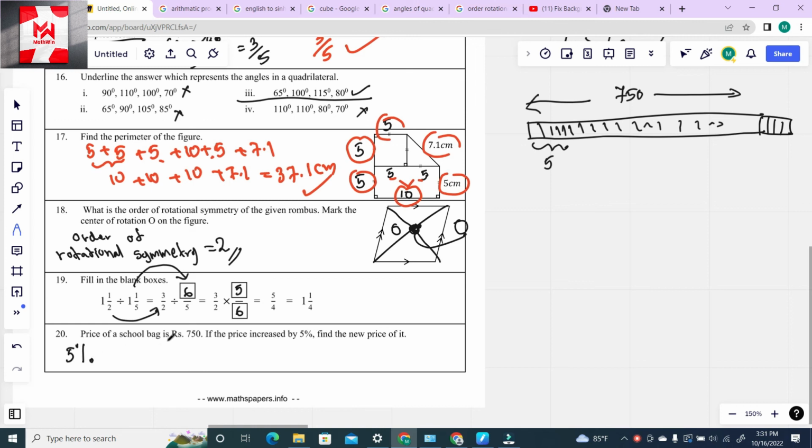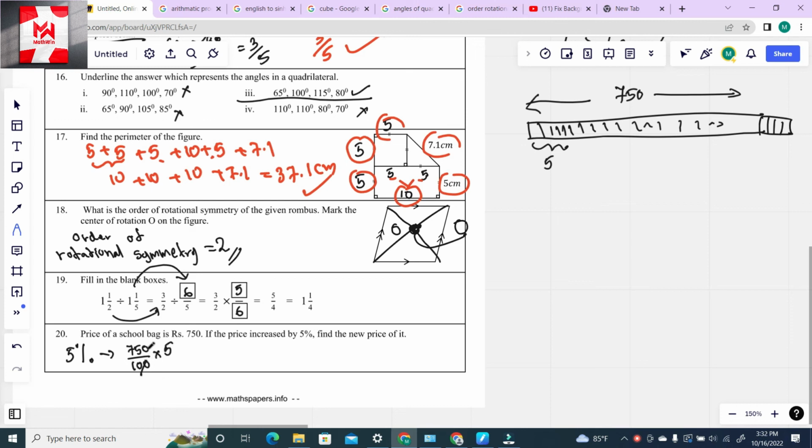Okay, so you can find the 5% here. 5% from the bag price increase, therefore we want to find the 5% from 750. So 5%: 750 divided by 100, and you have to multiply by 5.